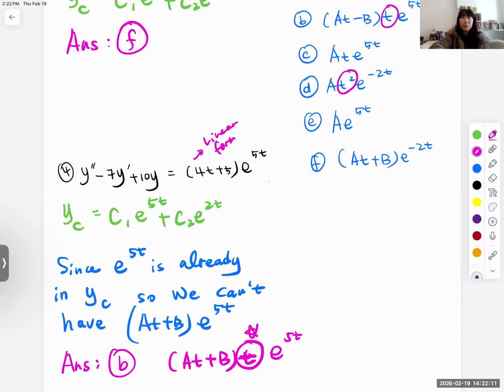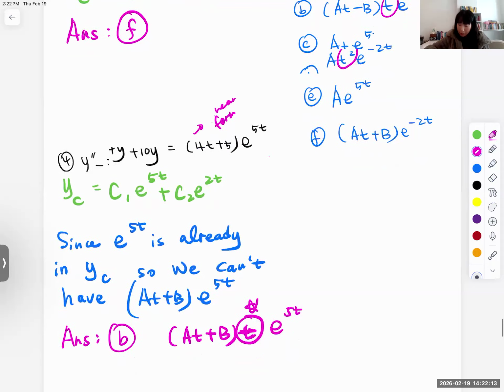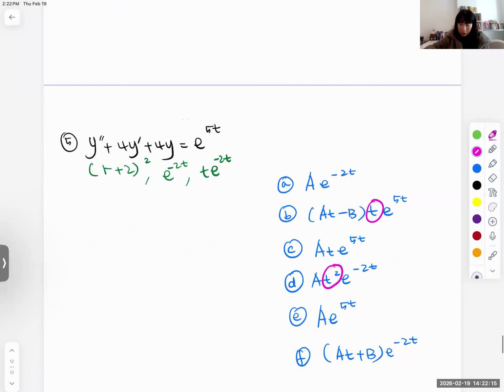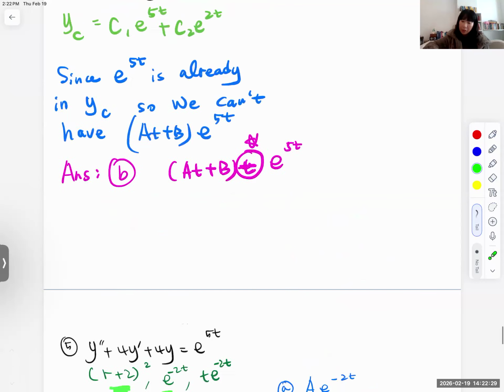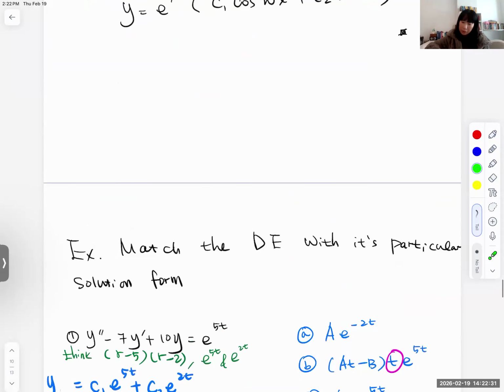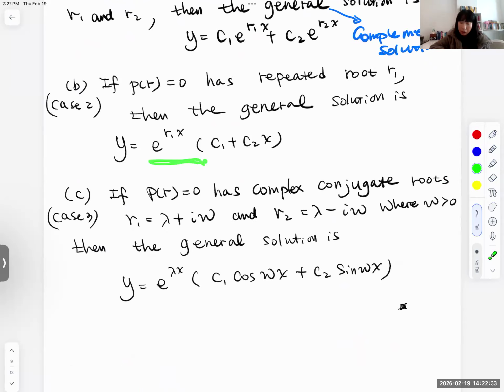two more? Okay, so we have this one. We have repeated solution, right? If we have a repeated solution, then we will get this form c sub 1 plus c sub 2 x, right?